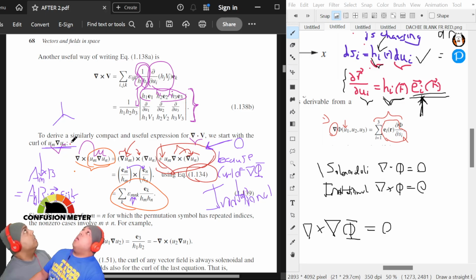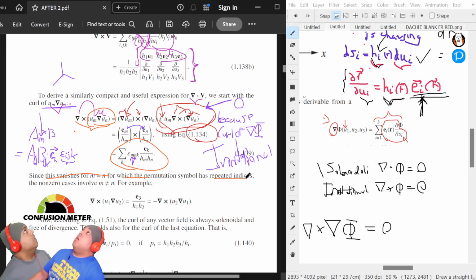If two are equal, it's zero or something. Right? Yeah. Since this vanishes for M equal N, for which the permutation symbol is repeated. The non-zero cases are M not equal to N.